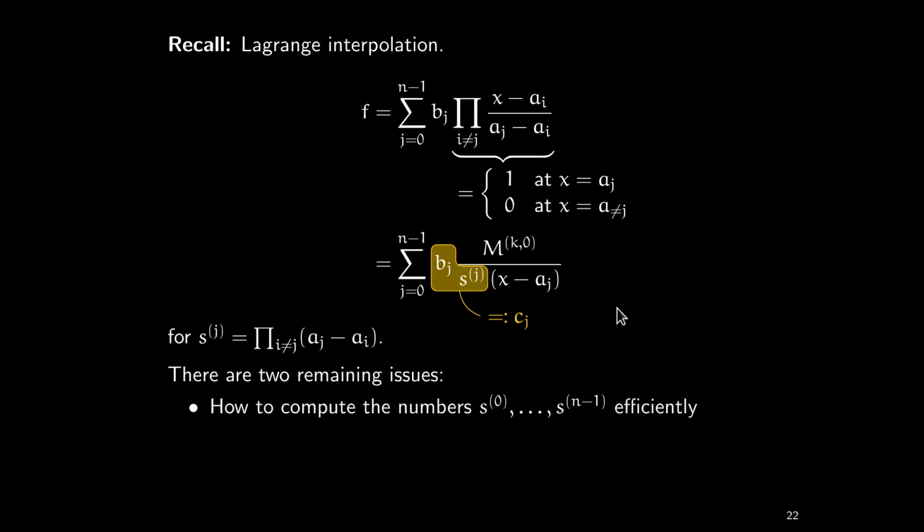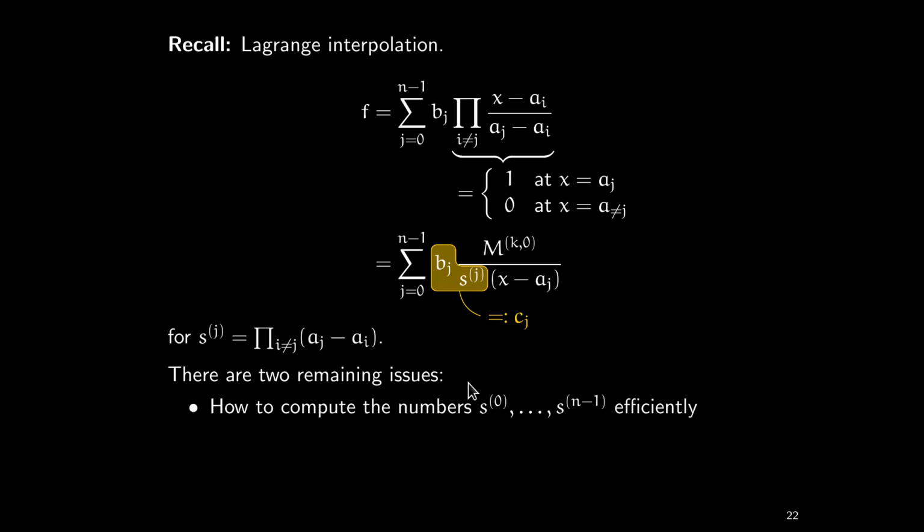First, I have to find a way to compute these s's. That's something we have to worry about, because the computation of a single s takes linear time if I do it the way it's written here, because it's a product with n, or more precisely n minus 1 factors, but I have to do that n times.